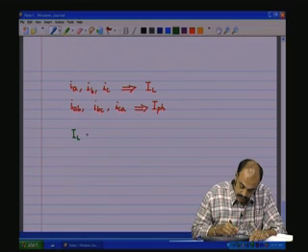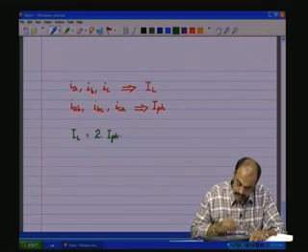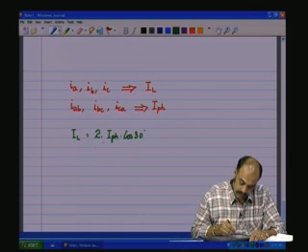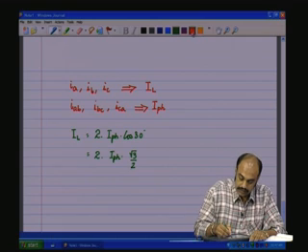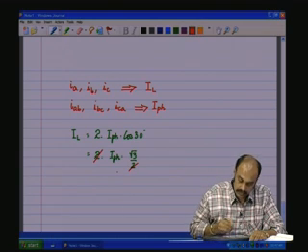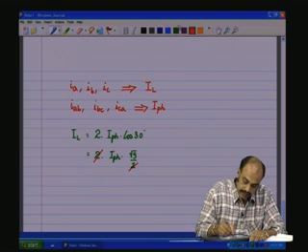I line will be 2 times I phase into cos of 30 degrees, which is 2 times I phase into root 3 by 2, because cos 30 is root 3 by 2, and out of which these two are going to get cancelled.